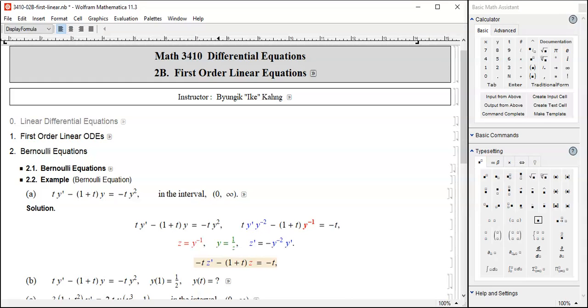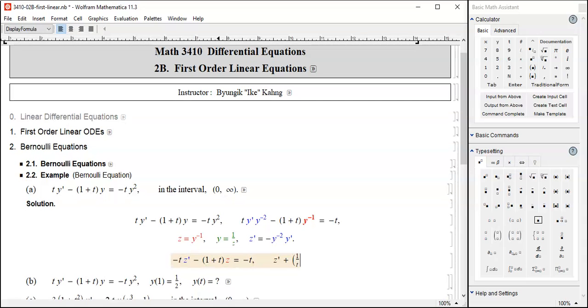And then let's solve this equation. Looks like I can divide everything by negative t and then make it into the standard form. So I have z prime plus, dividing by t, 1 over t plus 1 z equals 1.